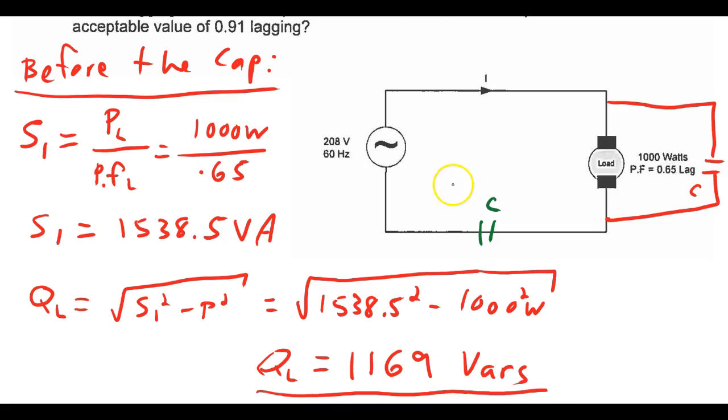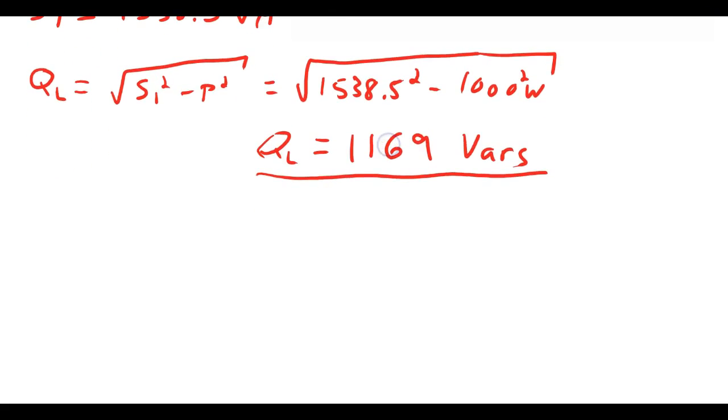What that would do is the voltage across the capacitor would subtract from the load voltage such that the load would no longer have its required voltage of 208. And so therefore we cannot put the capacitor in series with the load. The capacitor goes in parallel with the load such that the voltage across the capacitor equals the 208 volts across the load.